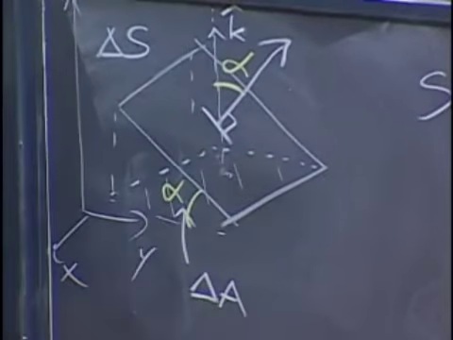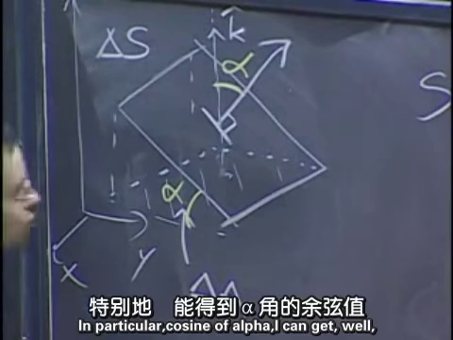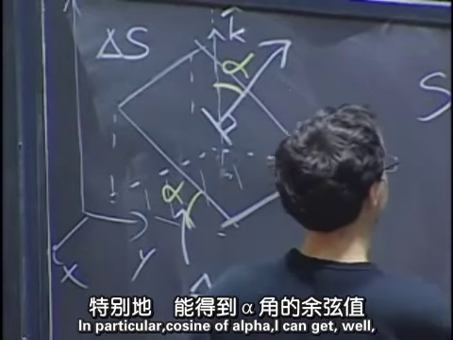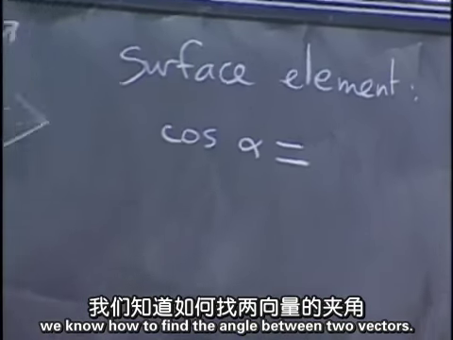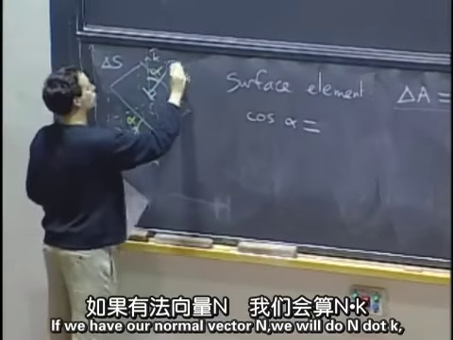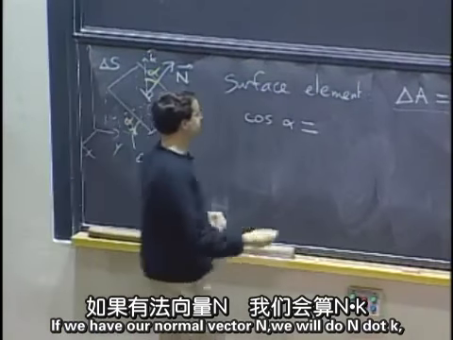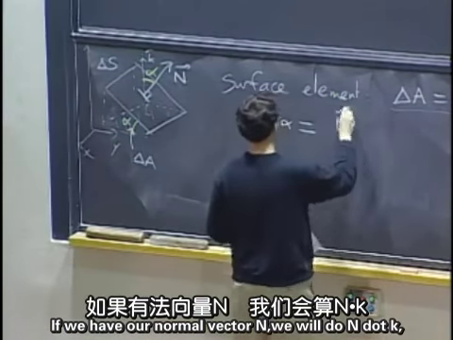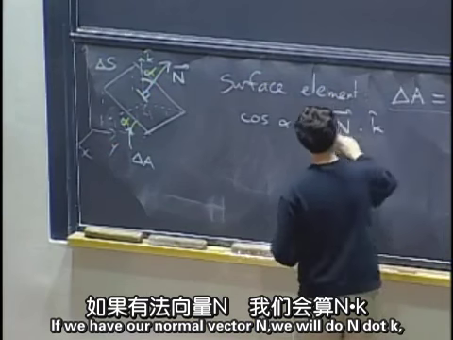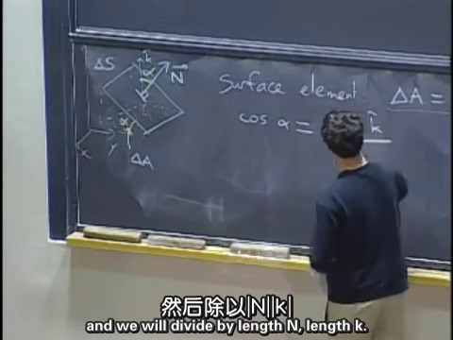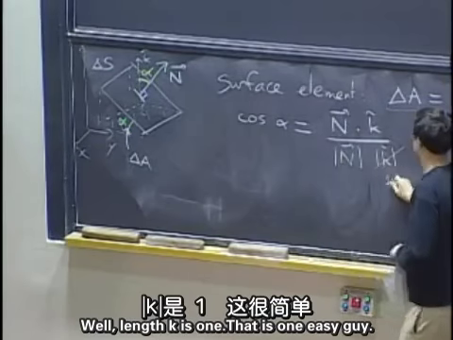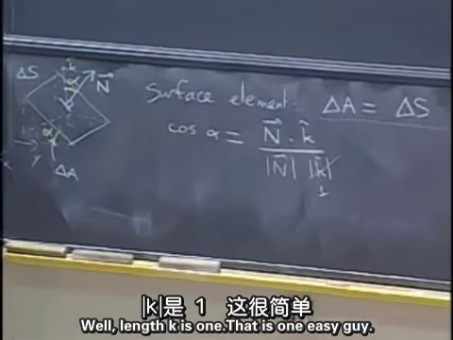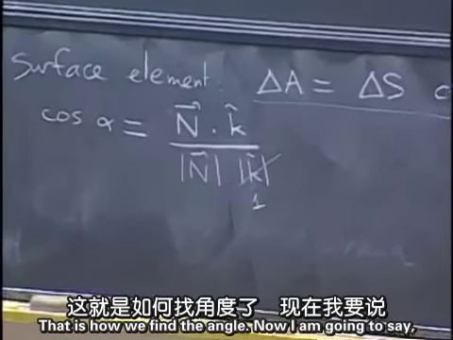So in particular, cosine of alpha, we know how to find the angle between two vectors. If we have our normal vector n, we'll do n dot k, and divide by length n, length k. Well, length k is 1. That's one easy k. Okay, so that's how we find the angle.